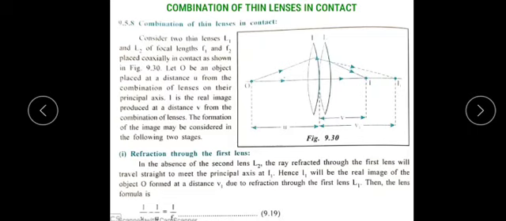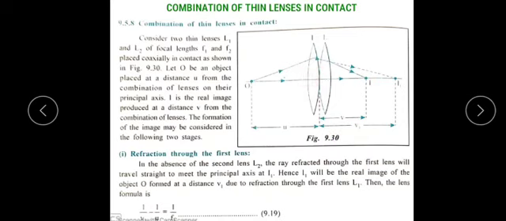In such a condition, the ray from the object O, after refraction, passes through the lens and travels straight to meet the principal axis at I1. Hence, I1 will be the real image of the object O, formed at a distance V1. This is the image distance due to refraction through the first lens L1.